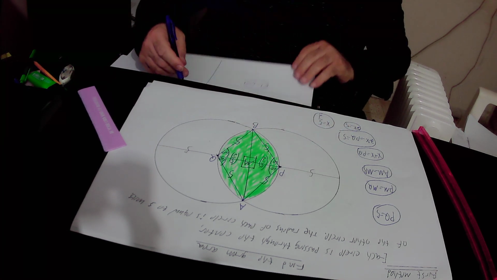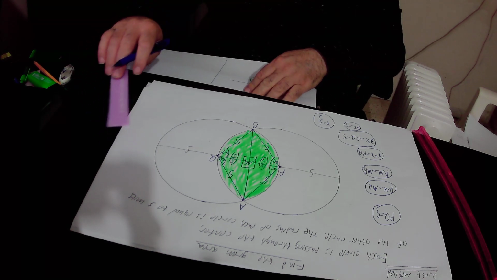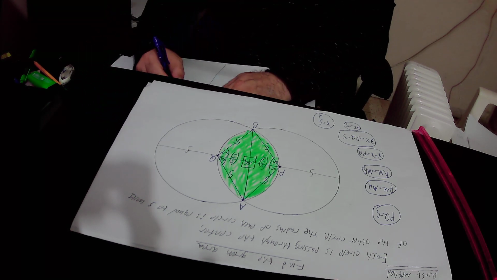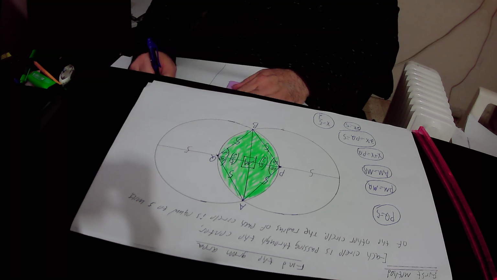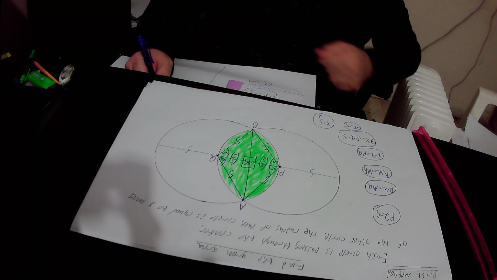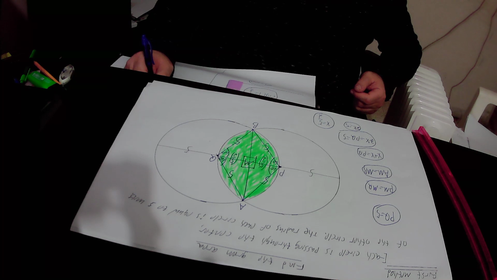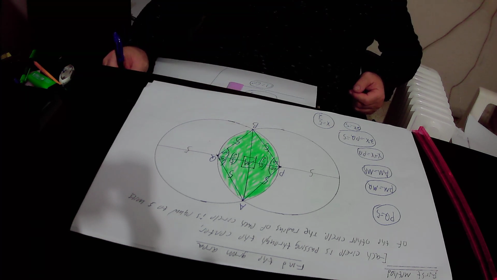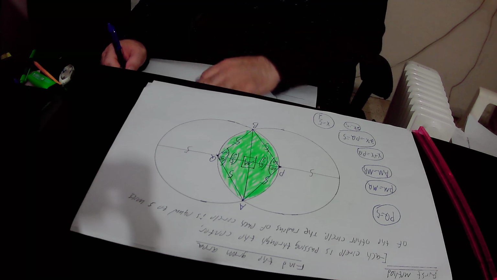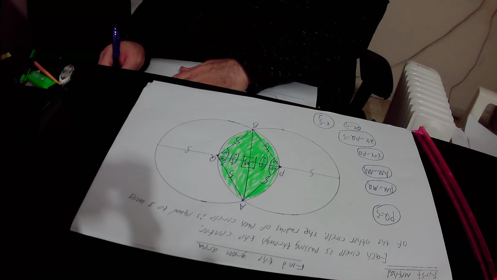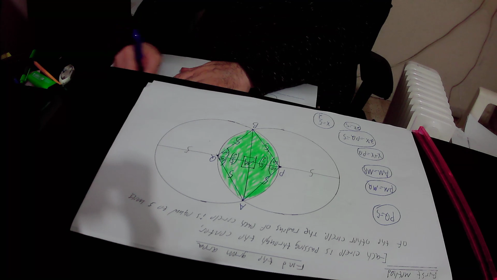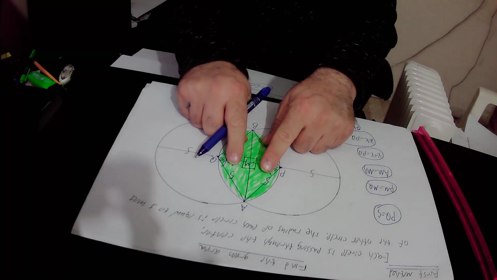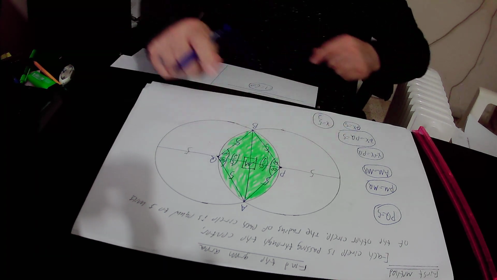So we'll focus on triangle APB and triangle AQB. We'll focus on those two triangles and we'll prove that they can go into each other.